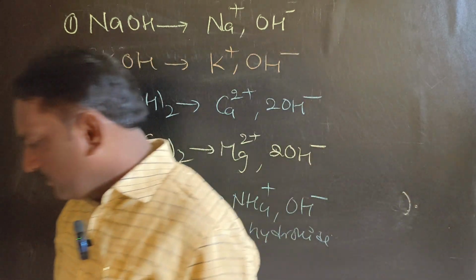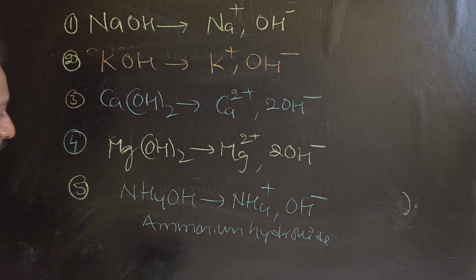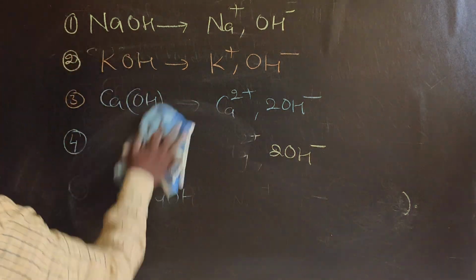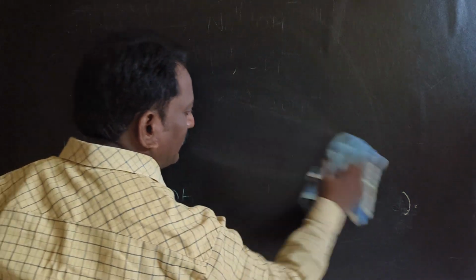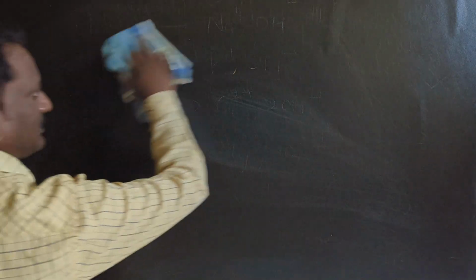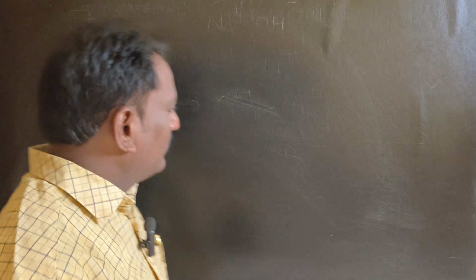Right. Now let us write equations between acid and base, that is, neutralization reactions. Neutralization reactions are double displacement reactions. So exchanging of ions takes place between the acid and base.